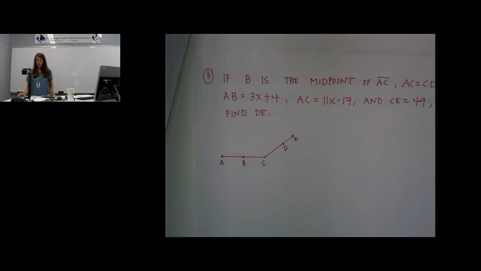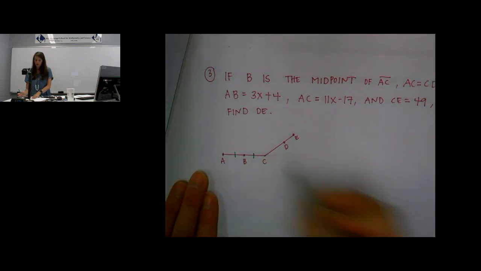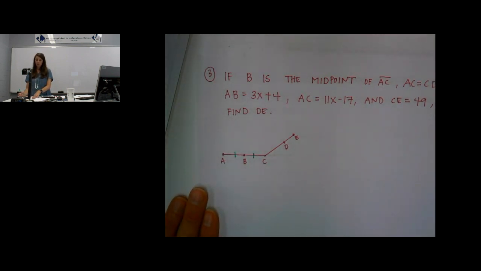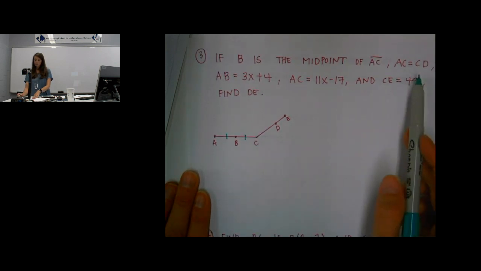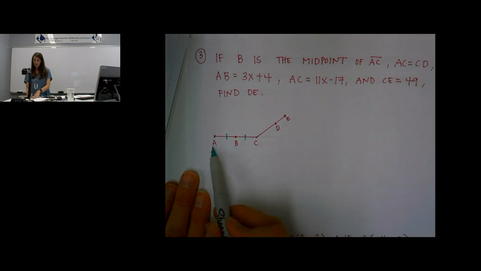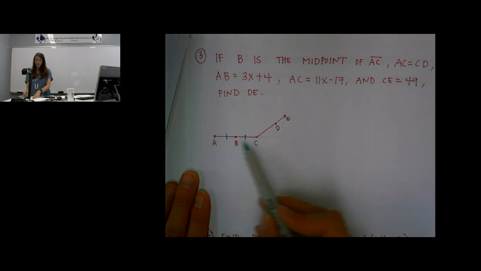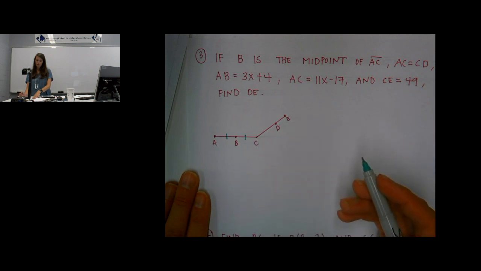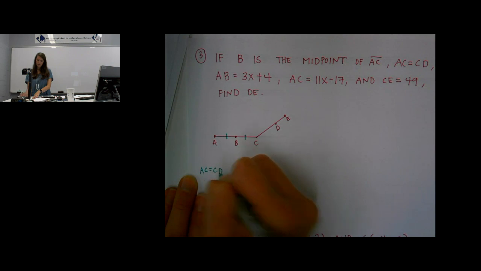Look here. If B is the midpoint of AC, okay, so if B is the midpoint of AC, so that means that those two segments are going to be congruent, those are equal. So AC is going to be equal to CD. So those now two are going to be equal to each other. Okay, so AC is equal to CD.